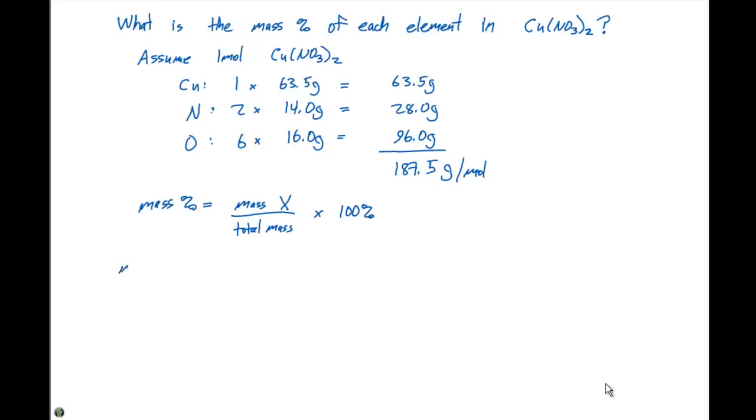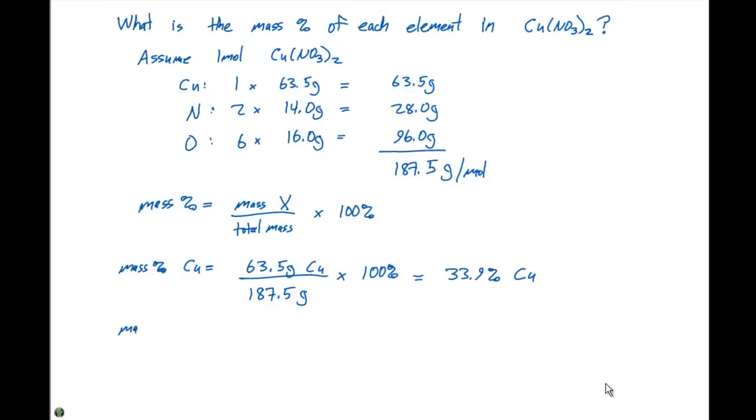So our mass percent of copper is going to equal 63.5 grams of copper divided by our total mass, which is 187.5 grams, times 100%. This gives us 33.9% copper.